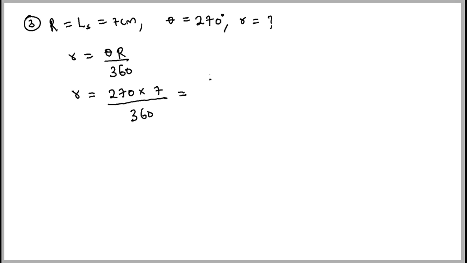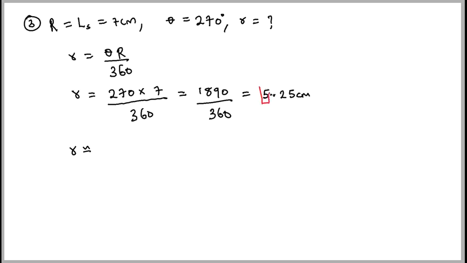So this is now equal to 270 times 7. 270 times 7 gives us 1890, divided by 360. We have 5.25 centimeters. So this is now approximately, since we are asked to approximate all our answers to the nearest centimeter, which means nearest whole number.